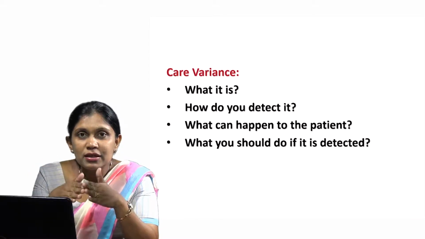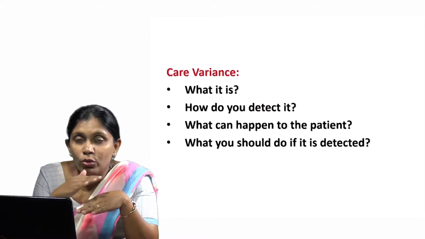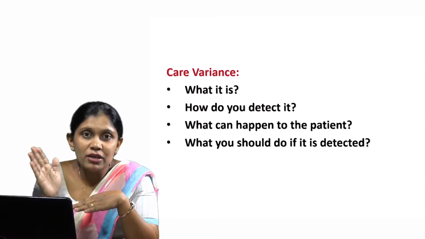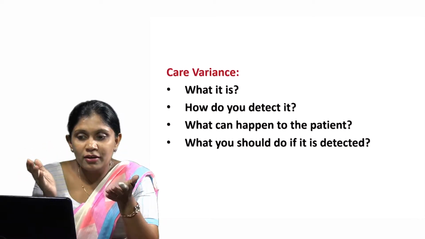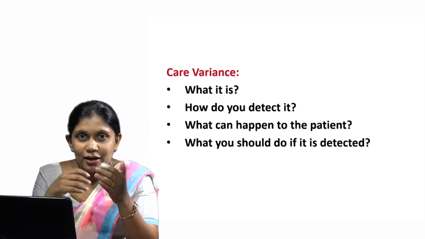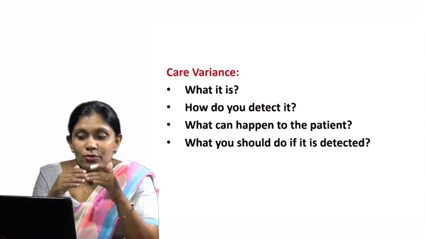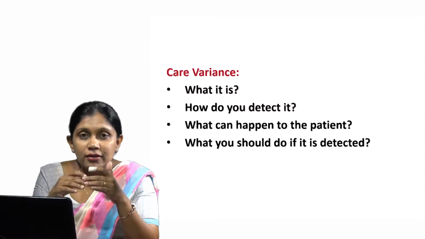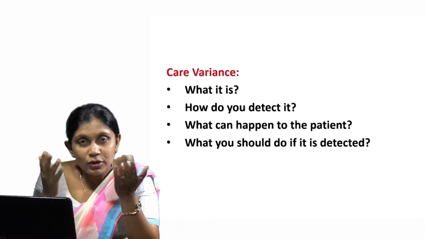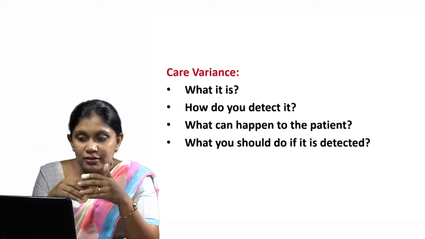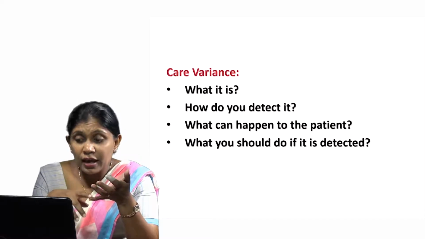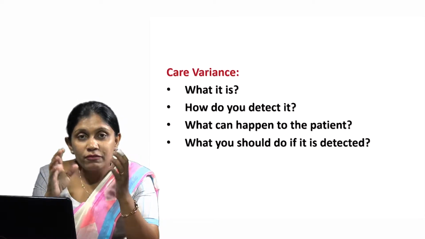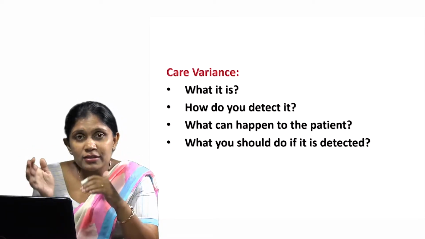For example, if the patient is normothermic and suddenly a fever spike occurs, we have to see it in the chart. Then we have to see how to detect it. Temperature you can detect by checking.